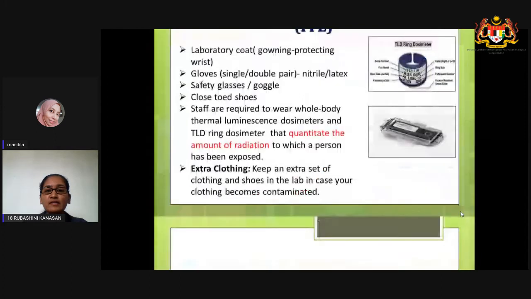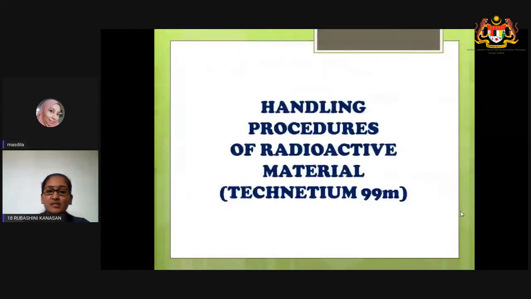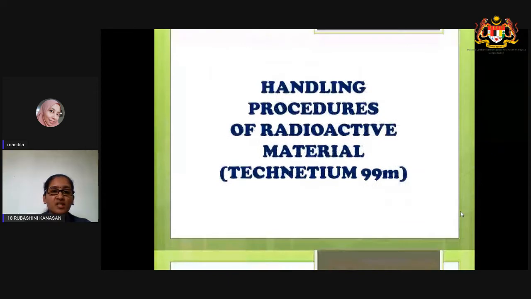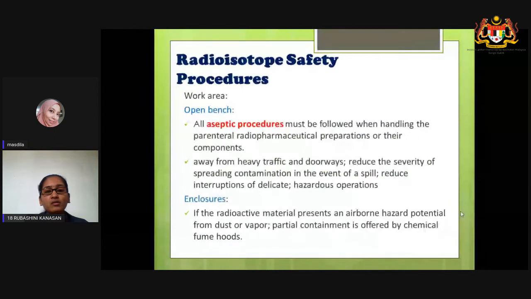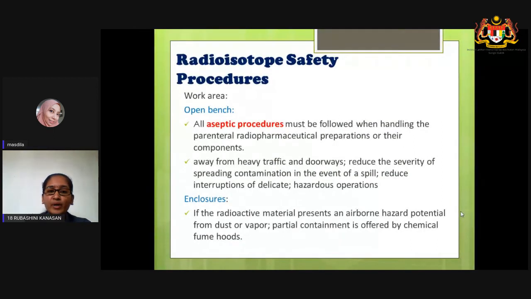Okay, for the handling procedure of radioactive material, technetium. Radioisotope safety procedure. We go to the work area, open bench. All aseptic procedures must be followed when handling the parenteral radiopharmaceutical preparation or their components.